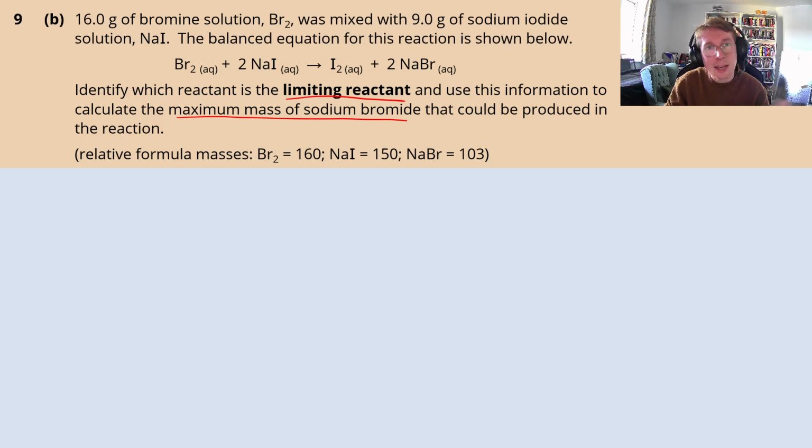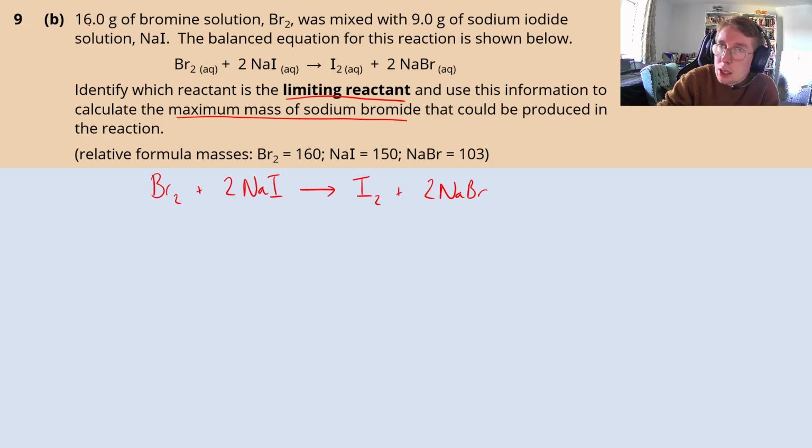So let's see what it is we have to do. Well, we have to take the same approach we did last time. So I'm going to write out my balanced equation first of all. Br2 plus 2NaI is reacting to form I2 plus 2NaBr. Now I'm told I've got 16 grams of bromine solution. So I'm going to find out how many moles of bromine I've got first of all.